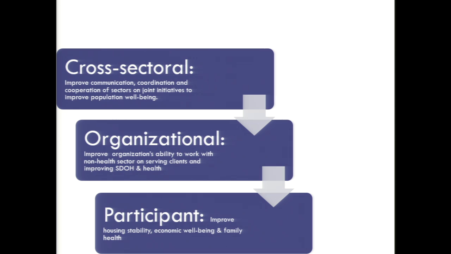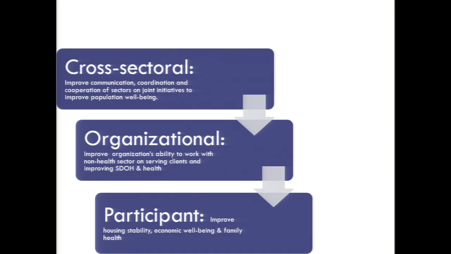Something I wanted to point out about the multiple levels is that at each level, some of the assumptions about what's happening are going to be different and appropriate to that level. So, for example, we've got the participant level, and the goal is to improve housing stability, economic well-being, and family health. This is related to the Healthy Start in Housing that we're going to be working on for our logic models and our exercises today.